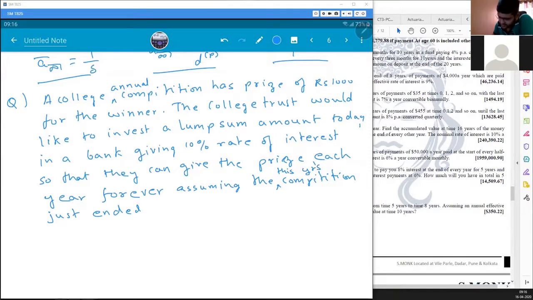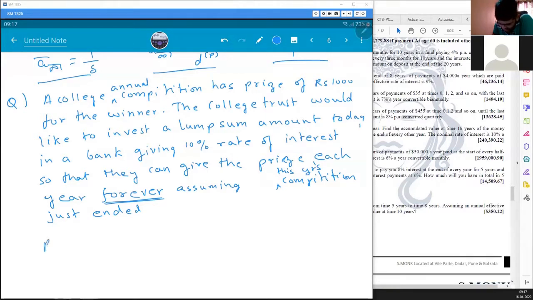assuming this year's competition just ended. So we are saying this year's competition just ended, so we'll be starting from next year. The prize should be given from next year, and we want to go forever. Next year is going to be our first payment, so that is a payment in arrears, and we are going forever, so it is nothing but an annuity in perpetuity.